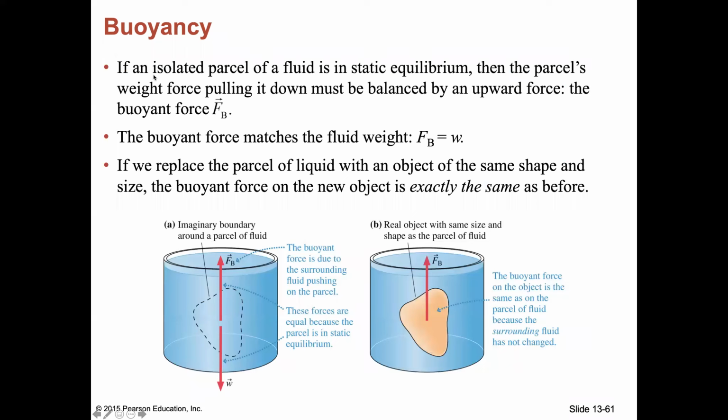Now, if an isolated parcel of a fluid is in static equilibrium, then the parcel's weight, pulling it down, must equal the upward force, or the buoyancy force. Let's look at figure A. This is a container containing fluid. Let's say it's a container of water, so it's purely water, nothing else.